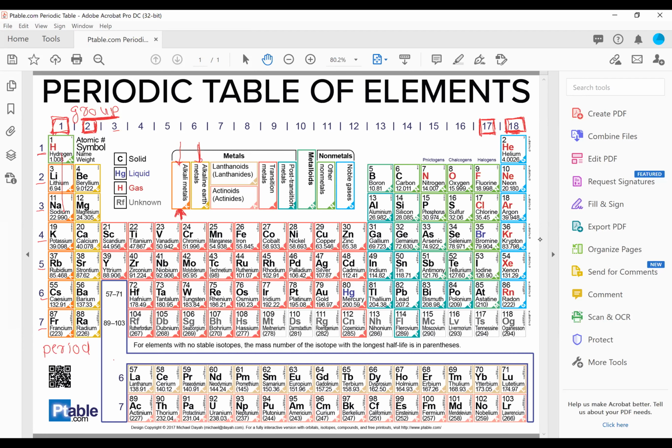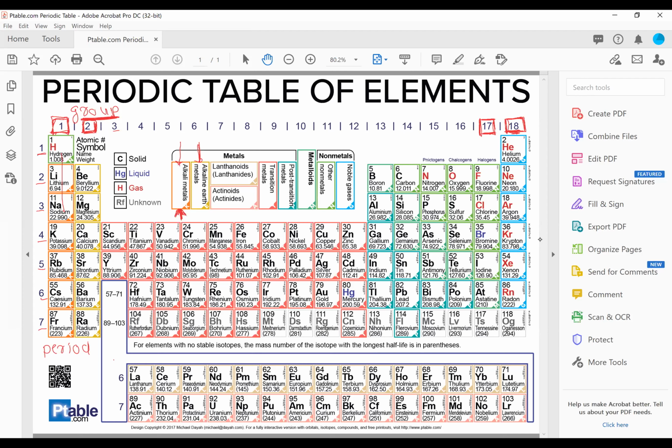Group number 2 means you can just remember it as there are two words, alkaline earth metal. Group number 1 has one word, alkali metal. Group number 2 has two words, alkaline earth metal.